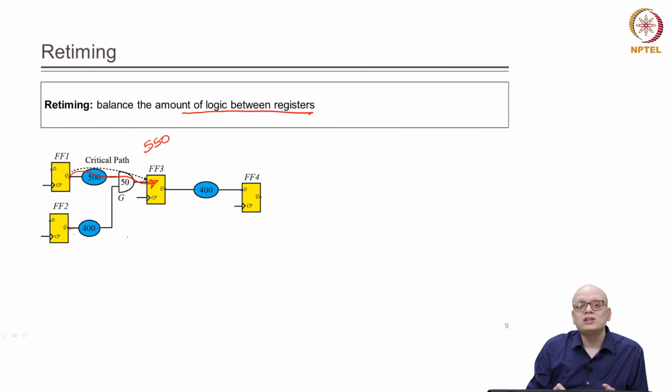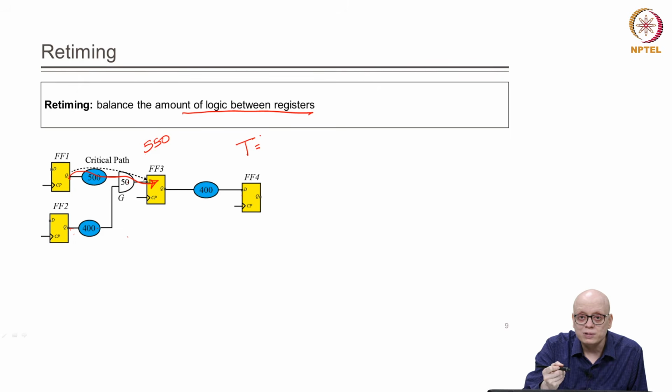So, if the clock skews are assumed to be 0 and the clock to Q delays are assumed to be 0, setup times are assumed to be 0, just for the sake of illustration, then what maximum clock frequency can the circuit operate at?